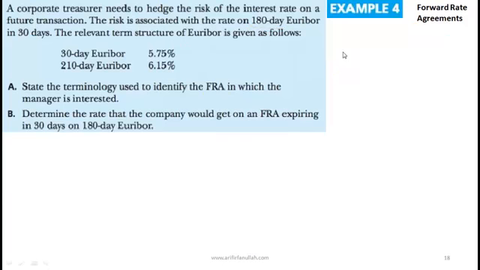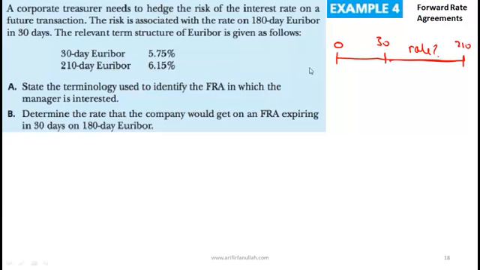Okay, so the way we are going to do this is as follows. So 0, 30, 210. We are told that 30-day Euribor is 5.75 and 210-day Euribor is 6.15, and we need to find the rate for this period.